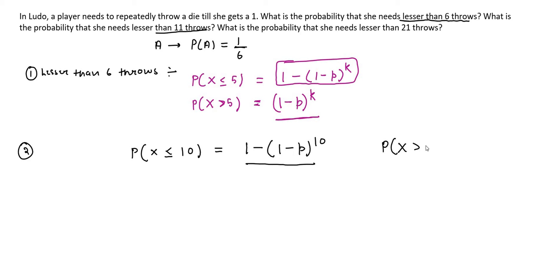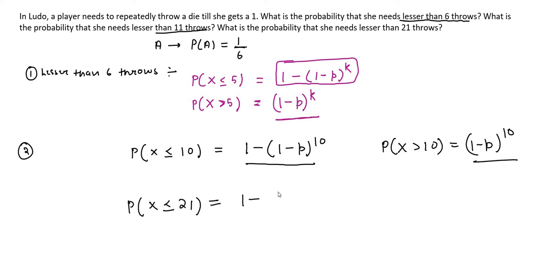If we were asked for greater than 10, it would be (1 minus p) to the 10. Similarly, if she needs fewer than 21 throws, then she needs less than or equal to 20 throws, and it is 1 minus (1 minus p) to the 20. So this is the formula for the geometric distribution.